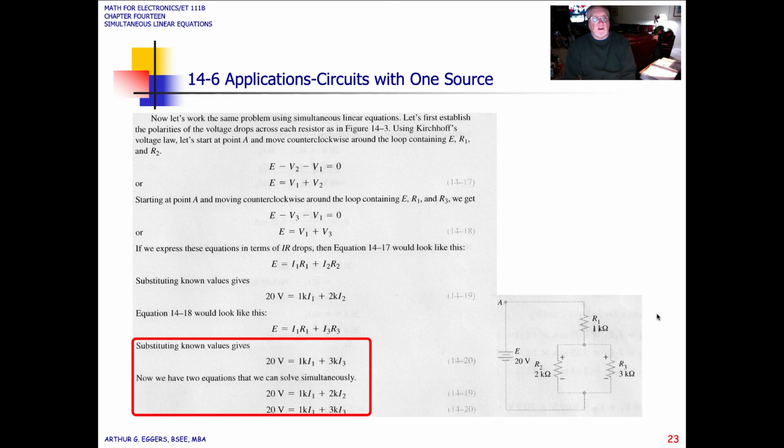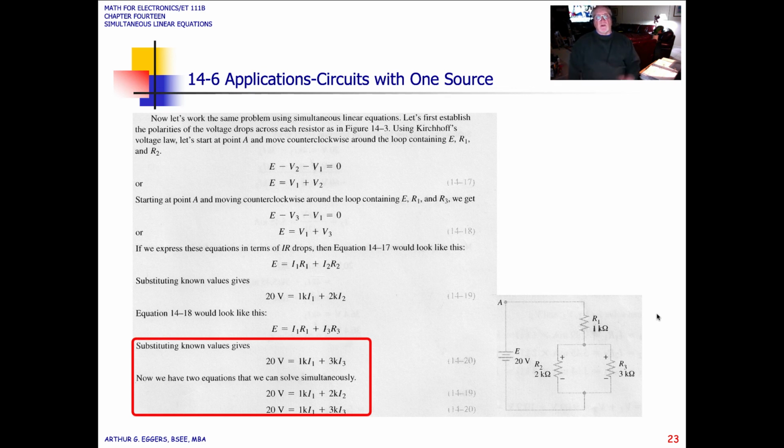Substituting the known values again, just like in the previous step, 20 volts equals 1K I1 plus 2K I3. Recall those are our ohmic values. Now we have two equations that we can solve simultaneously.